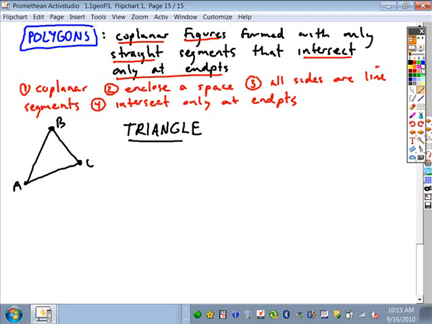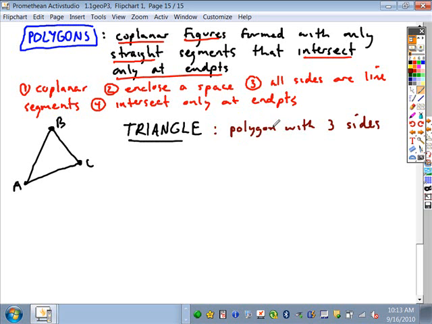So a triangle, again a simple definition, is a polygon with 3 sides. And by calling it polygon or putting that term within its definition, all the conditions that have to be met by a polygon are implied with just that word.